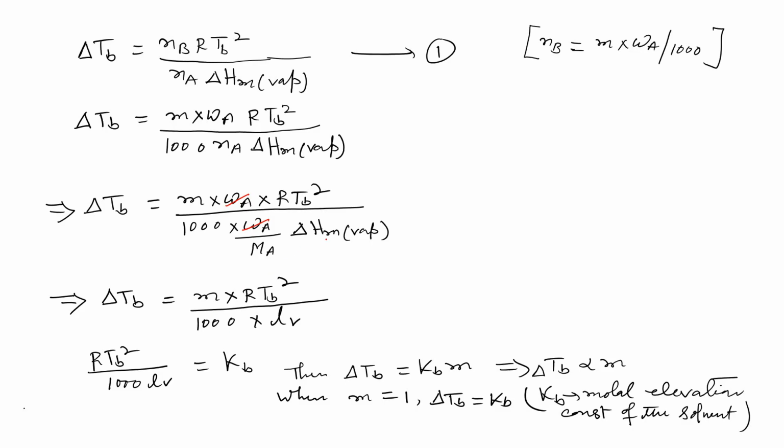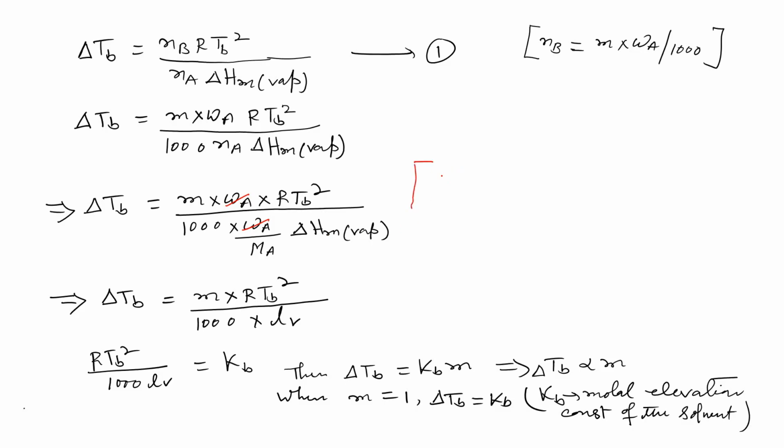and look here, it is delta Hm vaporization divided by molecular weight. Delta Hm vaporization is the molar enthalpy of vaporization, or latent heat of vaporization per mole of the solvent, divided by molecular weight means latent heat of vaporization per gram of the solvent.